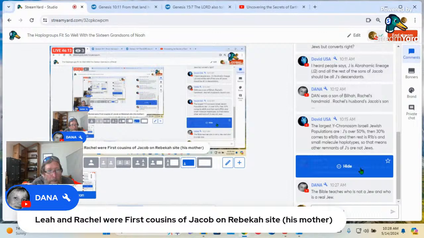Leah and Rachel were first cousins of Jacob on Rebekah's side, his mother. Of course, Rachel and Leah were sisters, first cousins of Jacob on Rebekah's side, his mother.